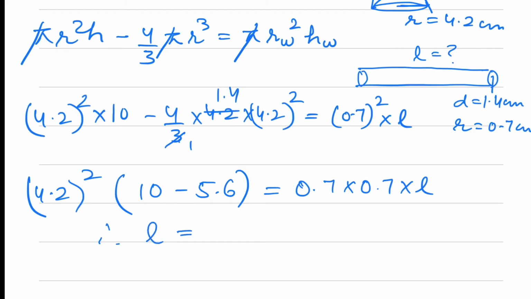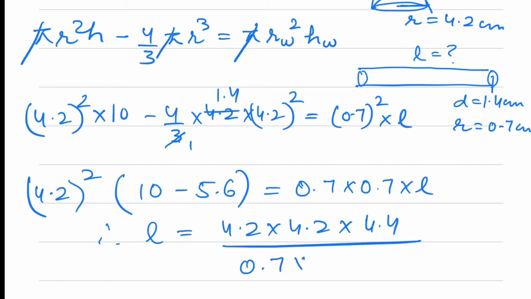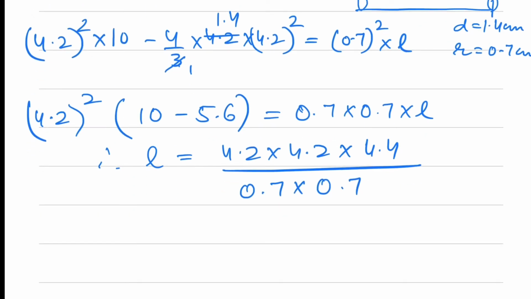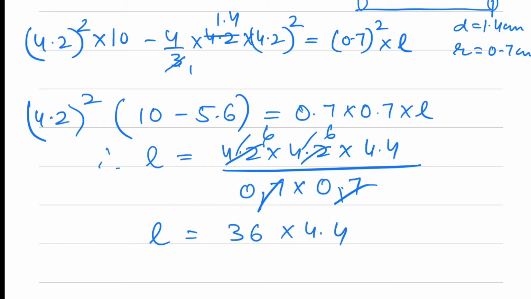Therefore, L is equal to 4.2 into 4.2 into 4.4 divided by 0.7 into 0.7. These decimals are cancelled, and this is 6 and 6. So length I get as 36 into 4.4. Let's multiply. So 36 and 4, 24 and 144.